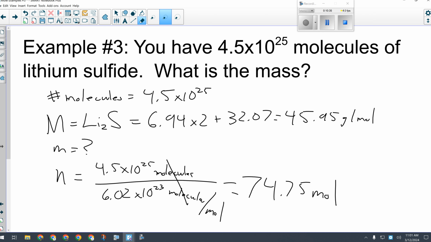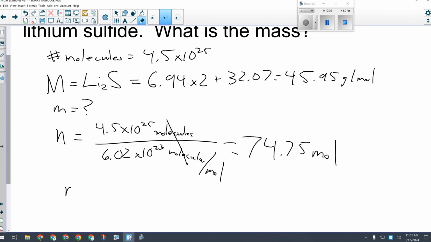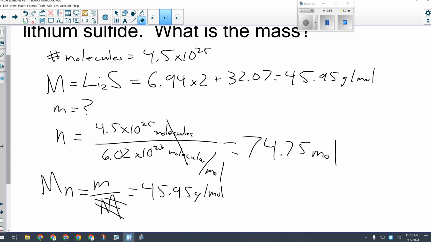Now that I've got n, the number of moles, I've got to do a little bit of algebra because the mole equation is not set up to calculate m until I multiply both sides by big M. Now I can go 45.95 grams per mole multiplied by 74.75 moles.